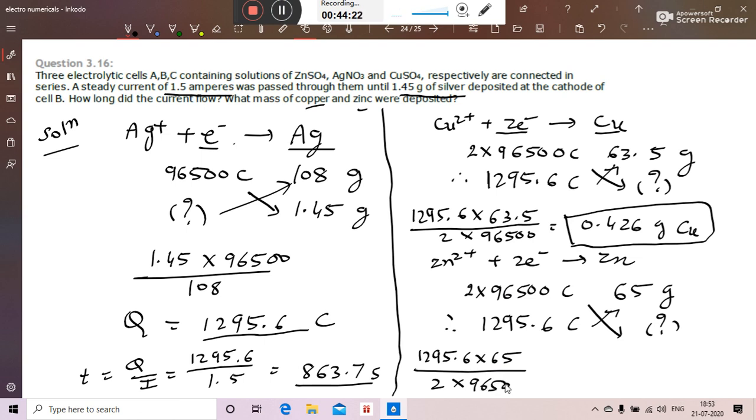So that will be equal to 0.438 gram. So this is the amount of zinc that is produced.